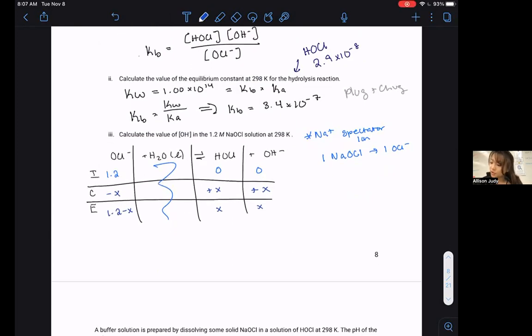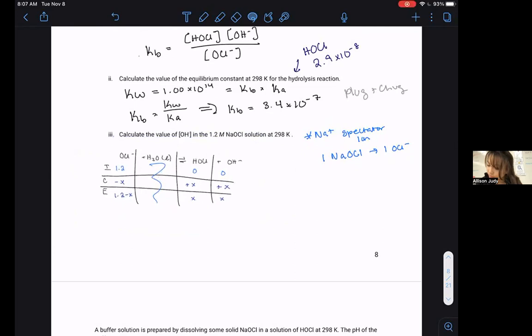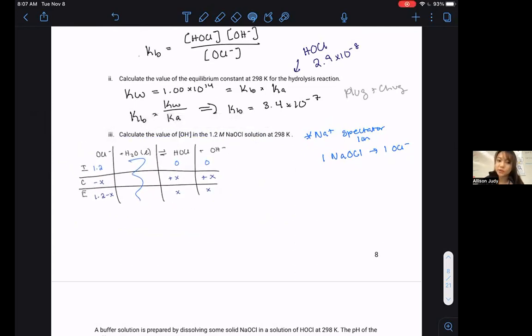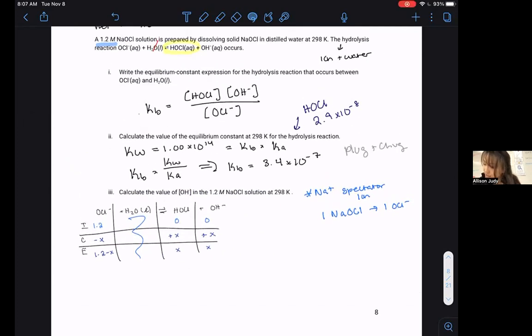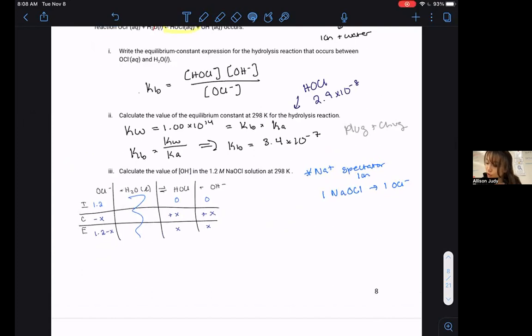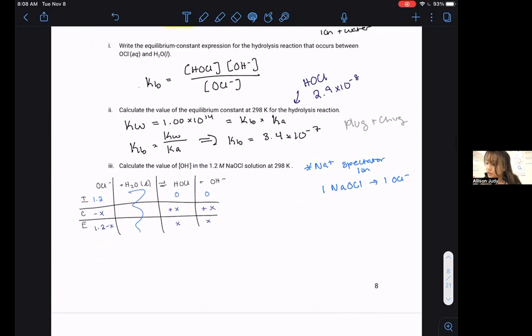So when I plug this into my K equilibrium expression, and here I'm going to plug it into my Kb expression because that's the information I know. And I'm doing this in terms of the production of OH minus, which is a base reaction, right? And with respect to OCl minus, so I see the Kb expression is going to be equal to HOCl times OH minus all over OCl minus.